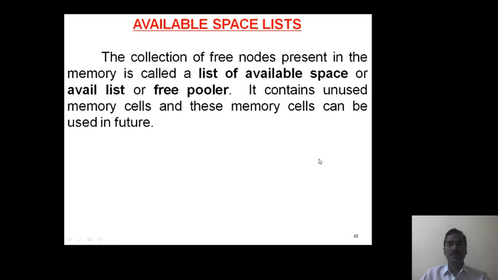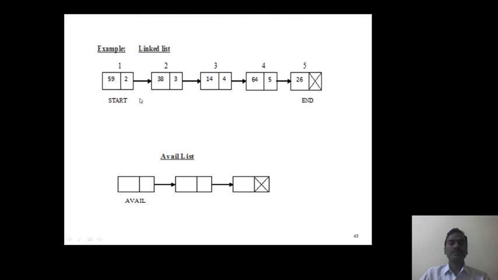Now observe students, let's take a single linked list. Here, whenever we apply any deletion process, at the time of deletion, without clearing the memory, the deleted node is placed in the Avail list.